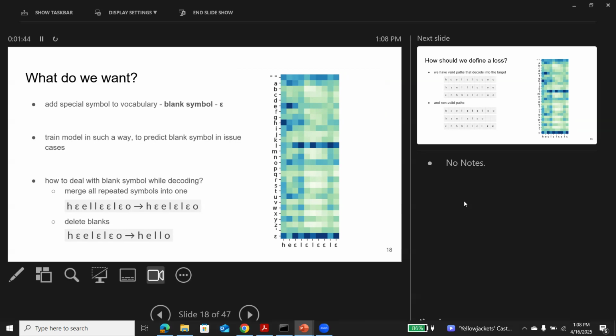So as the result, we will get a word with these blank symbols, and after that, we will combine repeated characters. So every repeated symbol will be combined into one symbol. And after that, we will remove this blank symbol. So this is the idea.